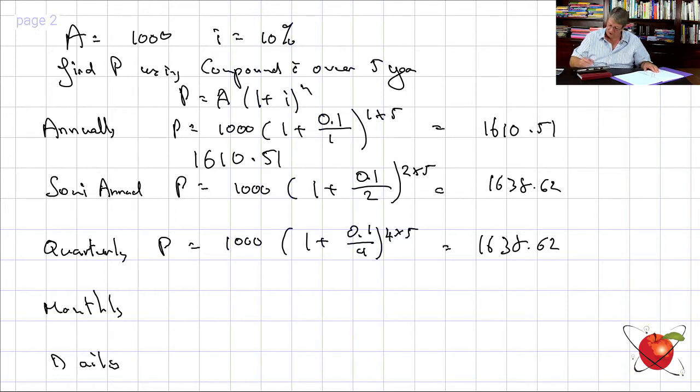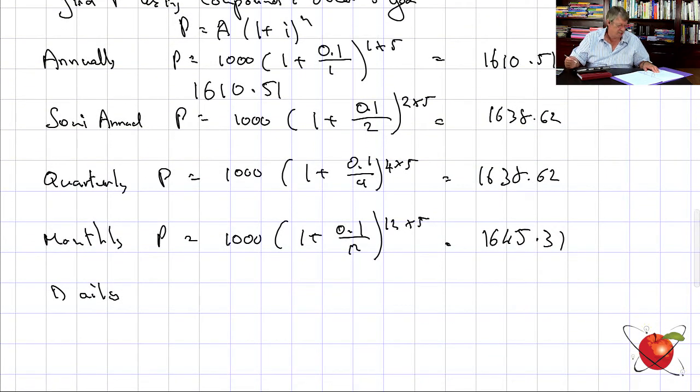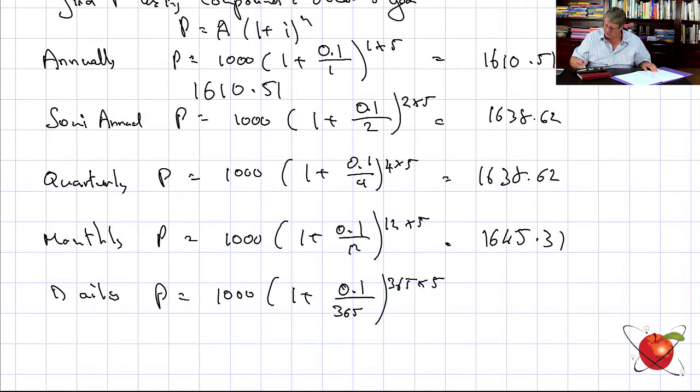The next one, P is going to be equal to 1,000 times 1 plus, it's monthly, 0.1 over 12, and it is 60 periods. You're going to get interest 60 times, which is going to be 1,645.31. And then, lastly, daily is going to be P equal to 1,000 times 1 plus 0.1 over 365, and it's going to be 365 times 5.